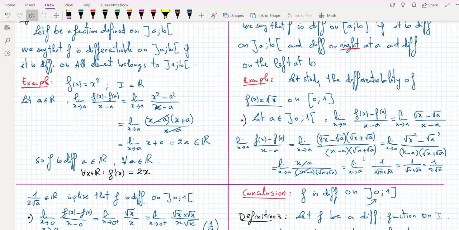So the derivative function of root x is f prime x equals 1 over 2 root x for all x belongs to the interval open at 0, infinity.